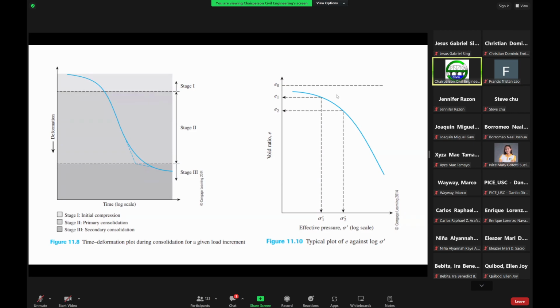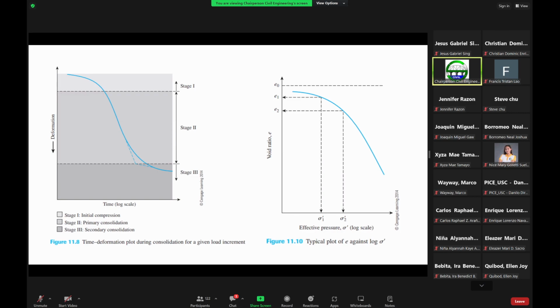And then this boundary here would tell us what we call the pre-consolidation pressure, which we'll try to derive later. We call it the pre-consolidation pressure for us to determine the OCR value, the over consolidation ratio.